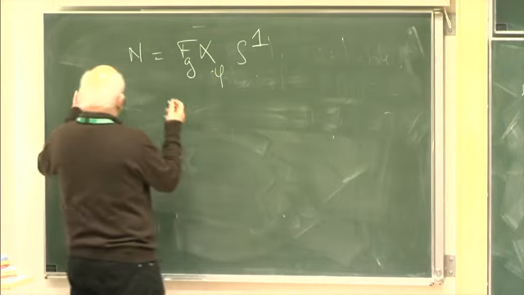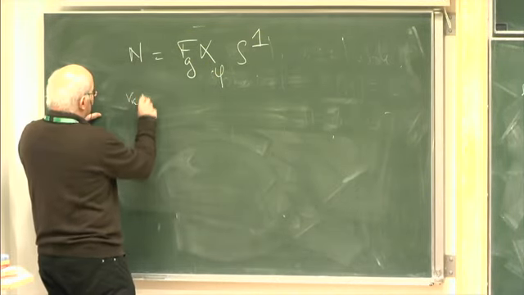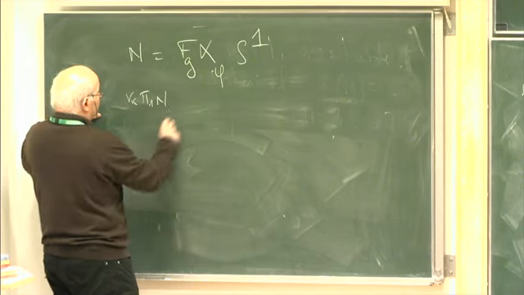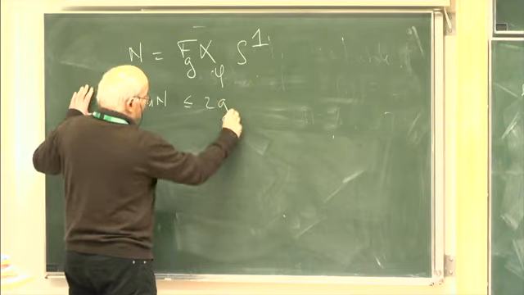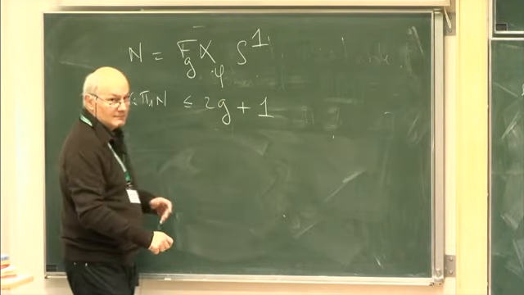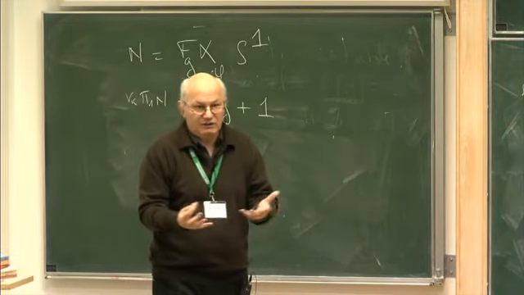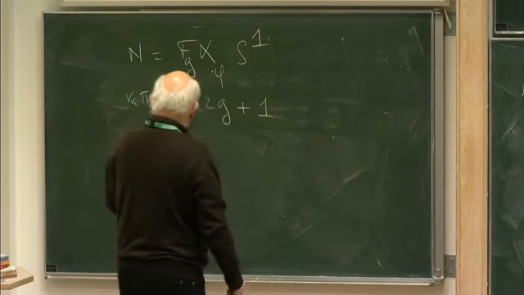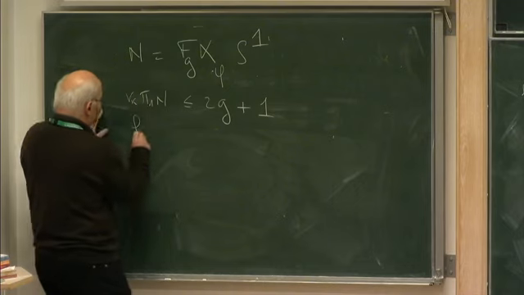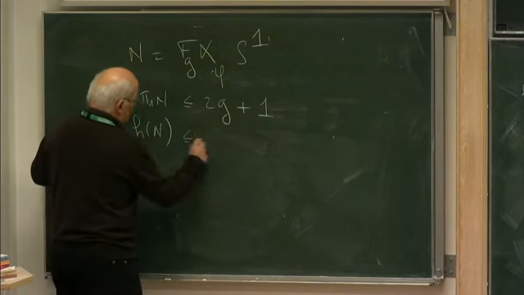You know that the rank of pi 1 N is smaller or equal to twice the genus plus 1. That comes directly from the computation of the homology. And you know also that the Heegaard genus of N is smaller or equal to twice the genus plus 1.